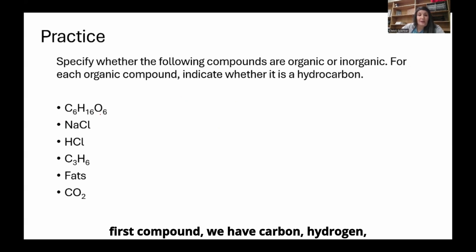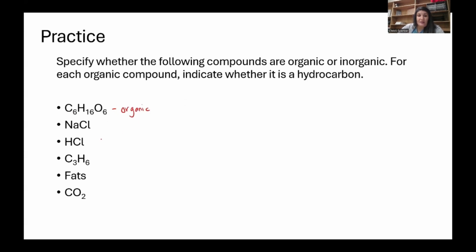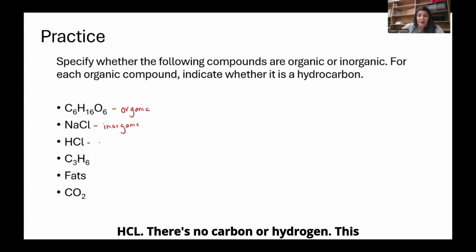This first compound, we have carbon, hydrogen, oxygen. These are all nonmetals, and these are the main elements of organic compounds. This is organic. Sodium and chloride, this is a metal and a nonmetal, and there's no carbon or hydrogen in it. This is inorganic. HCl, there's no carbon, just hydrogen. This is inorganic.